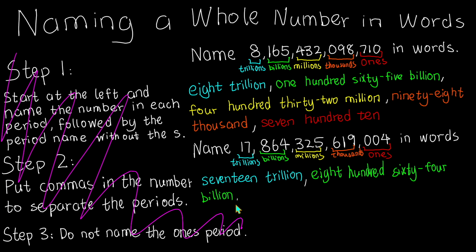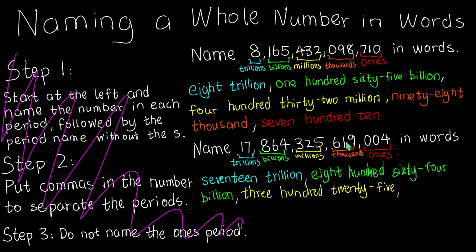Add the comma. This number will be 325, and the period is million. Add the comma now.